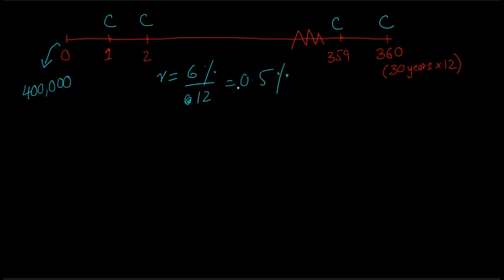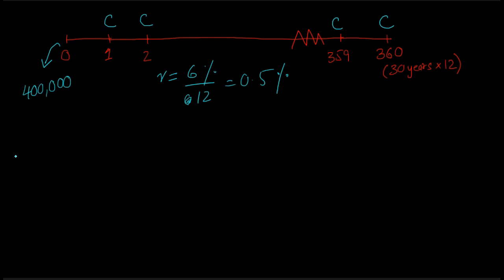And so now we have talked about this before, that if you're trying to determine these payments, from the bank's perspective, the present value of these payments needs to be equal to 400,000.